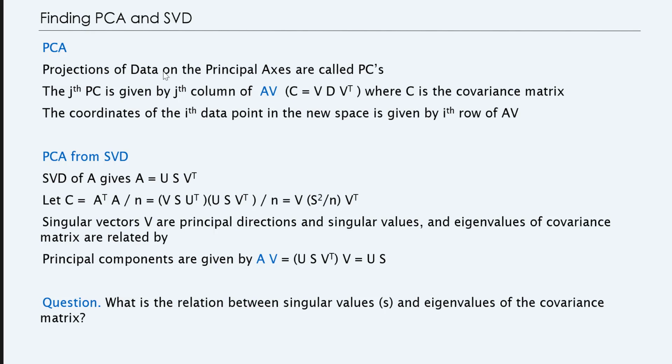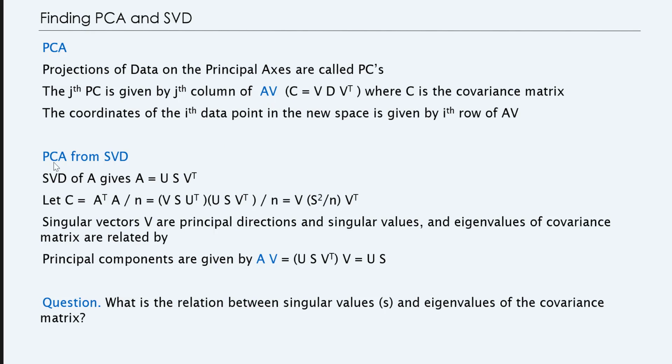The projections of data onto the principal axes are called the principal components. The principal components are given by AV, where V is the matrix defined in this A transpose A factorization. We call that the covariance matrix. The coordinates of the ith data point are given by the ith row of this product matrix.